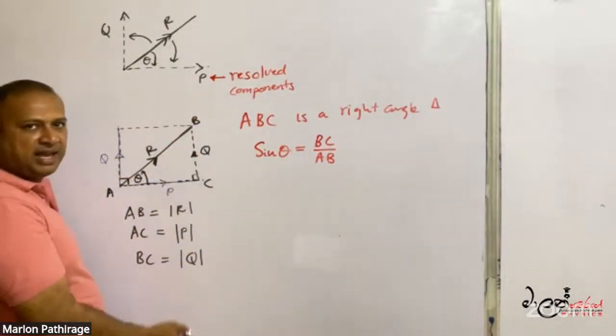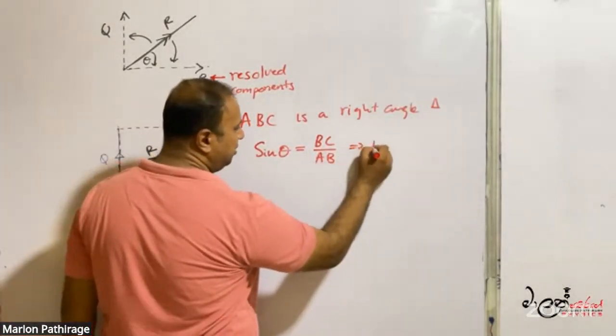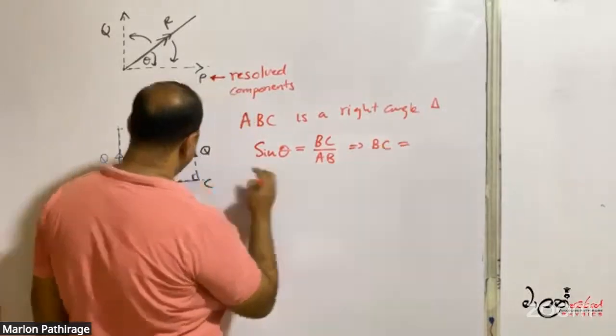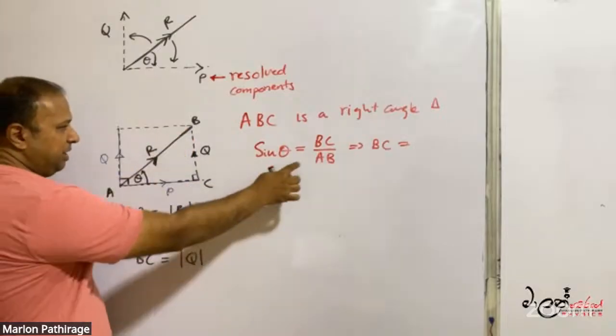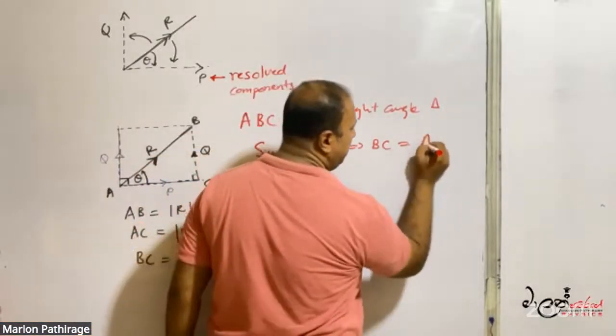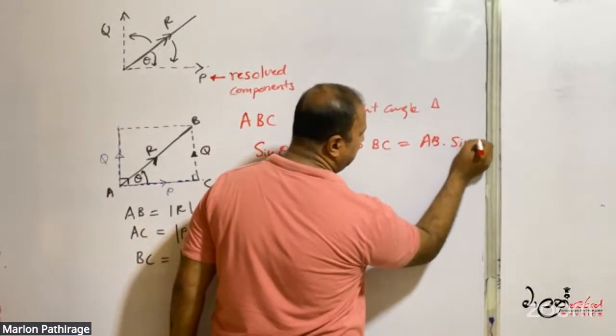Therefore, BC side is equal to AB into sin theta.